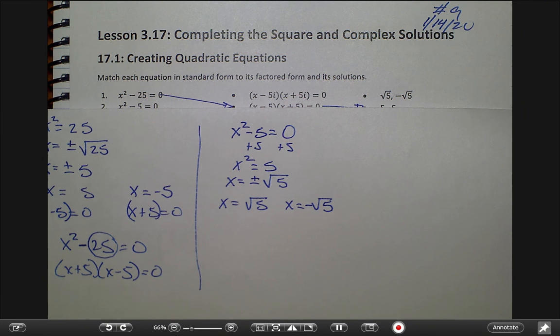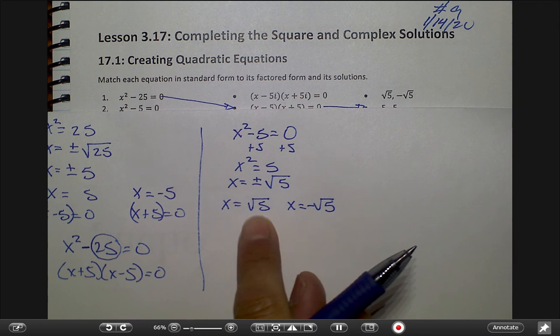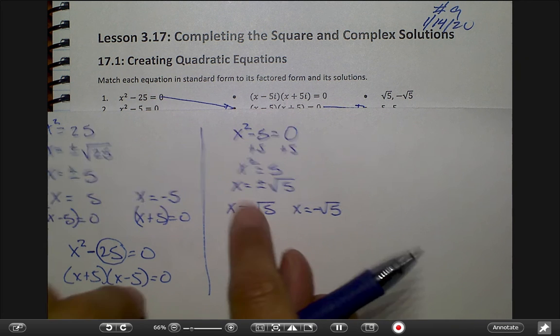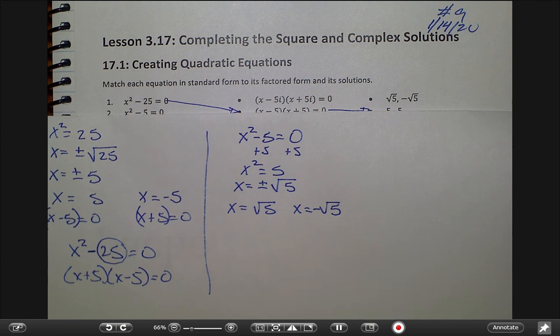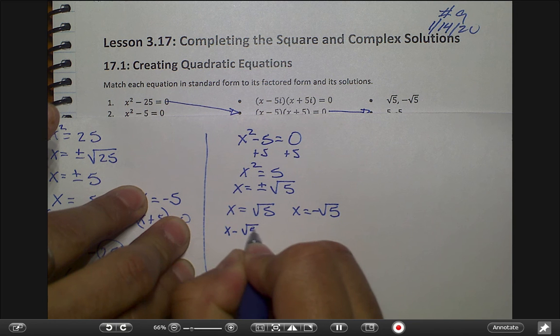if I want those turned into factors, all factors equal 0. What would I do to this one right here? Subtract square root of 5, right? It's got to equal 0, so I'm going to subtract it. X minus square root of 5 equals 0.